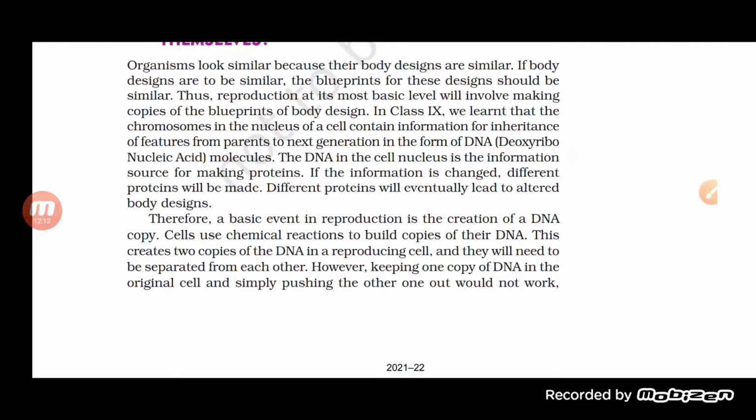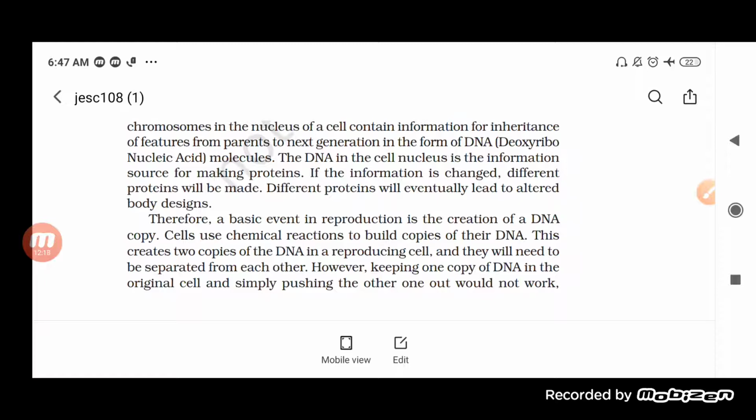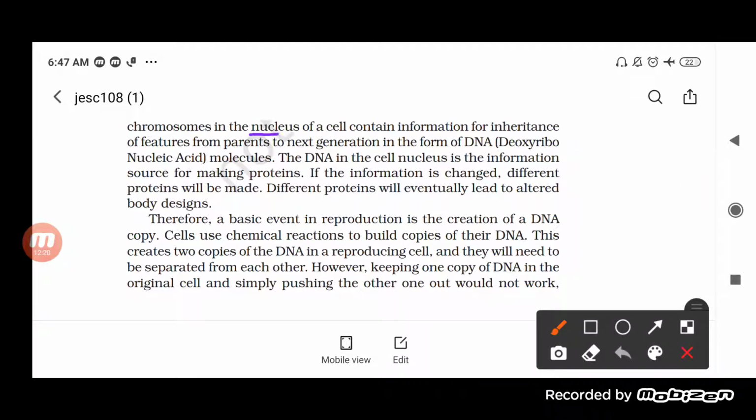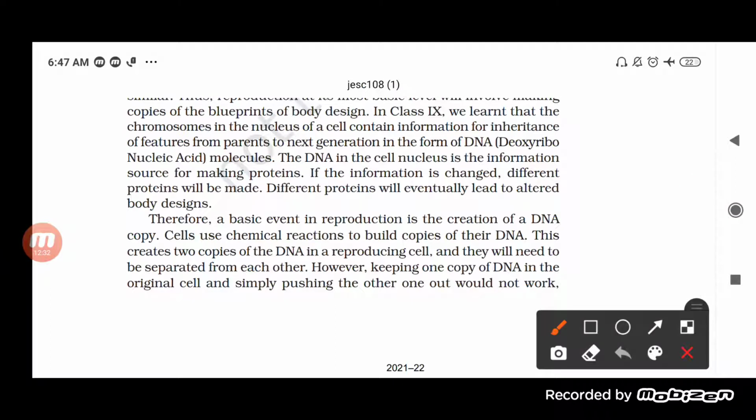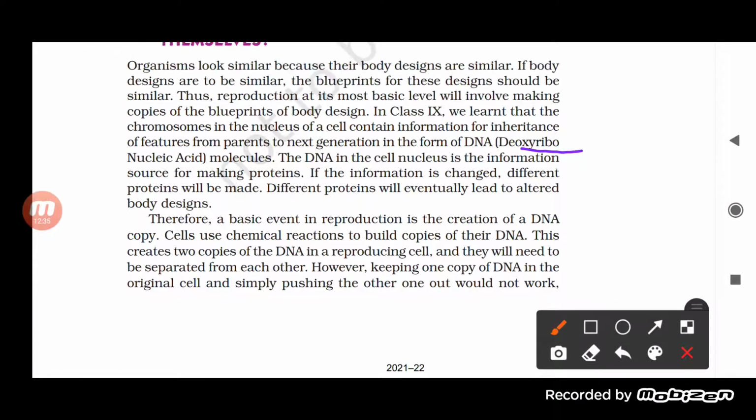So it is the chromosomes present in the nucleus which carry the information for inheritance of features from parents to the next generation in the form of DNA. DNA is what, students? That is deoxyribonucleic acid.